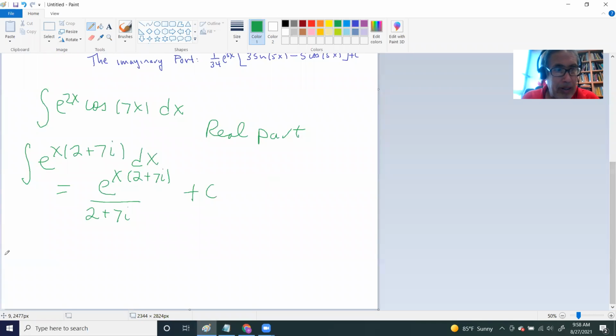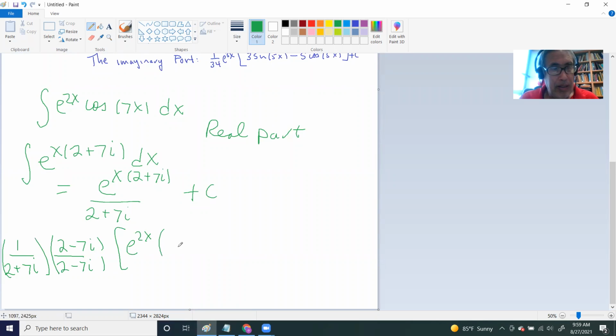And then we want the real part of this. So we write this as 1 over 2 plus 7i. We're going to have to resolve that, so we'll multiply it by 2 minus 7i, like so. We have to do the top and bottom so we don't change the answer. We have e to the 2x, and then we have cosine 7x plus i sine 7x plus c.